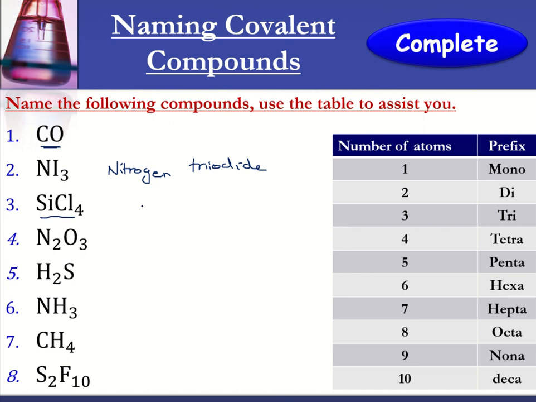Next we have silicon. We have chlorine, which we will rename into chloride. So you can see it's chlorine here. We need to get rid of the last few letters and change it to chloride. So there's 4, so it is silicon tetrachloride.